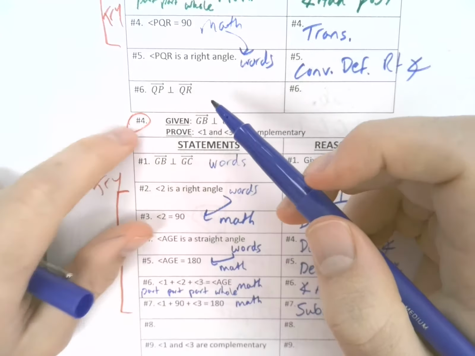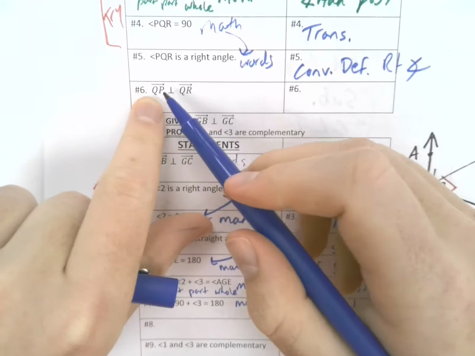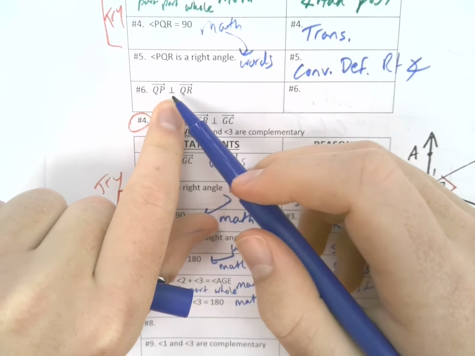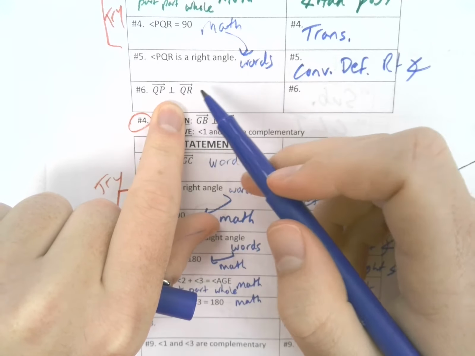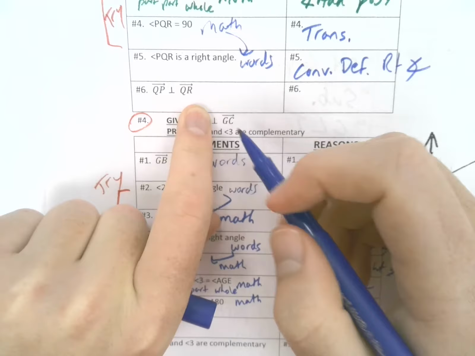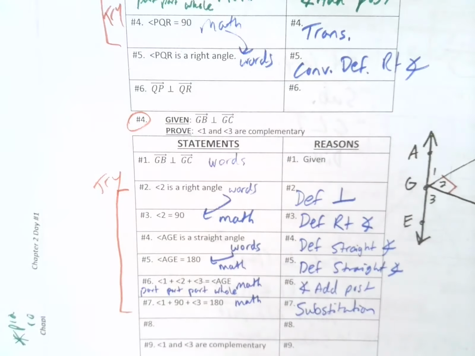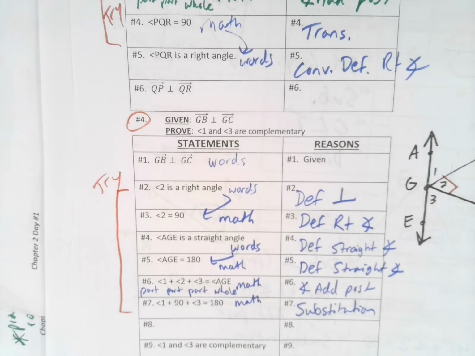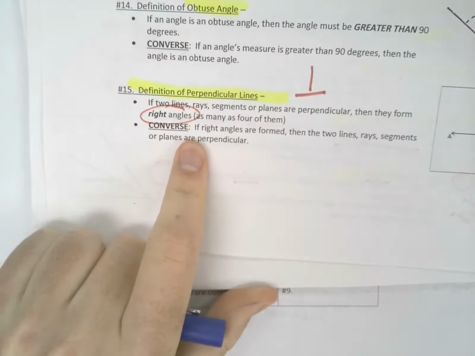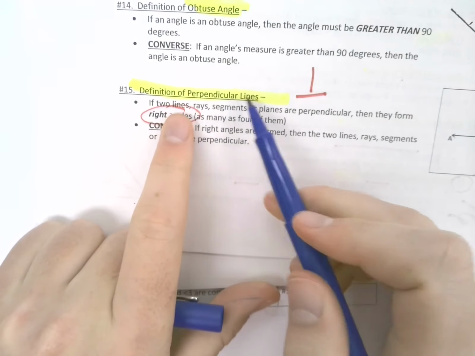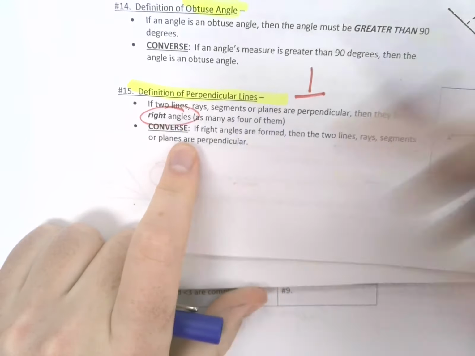And then from there, we're told that QP is perpendicular to QR. And once again, we know it's going to have something to do with perpendicular. So let's take a look. If we're coming to a conclusion, the definition of perpendicular lines is that they form right angles.